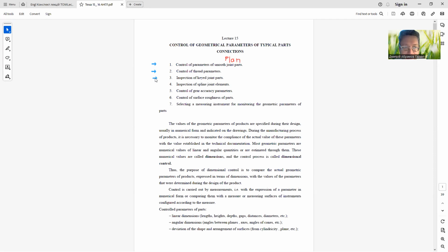Item 15.3: Inspection of gear joint parts.